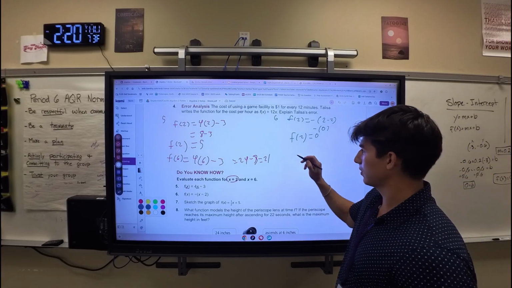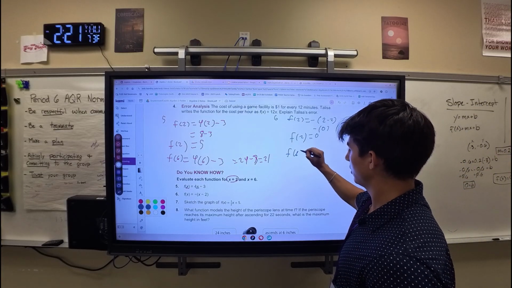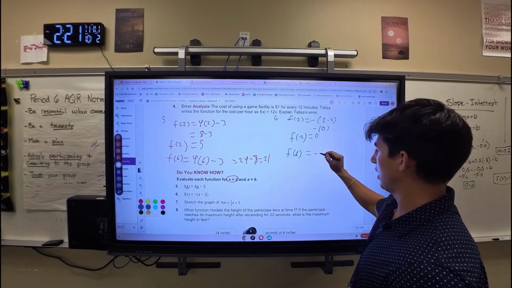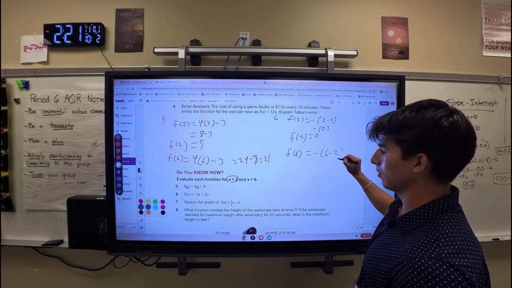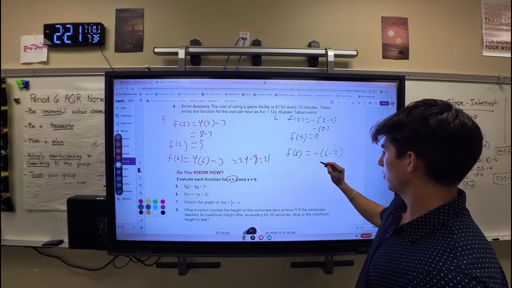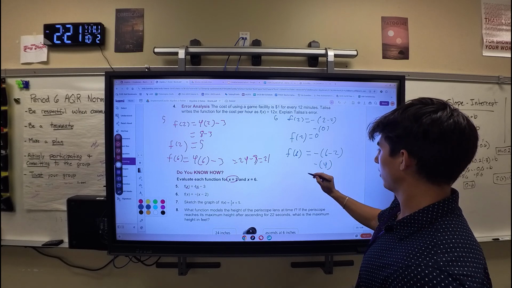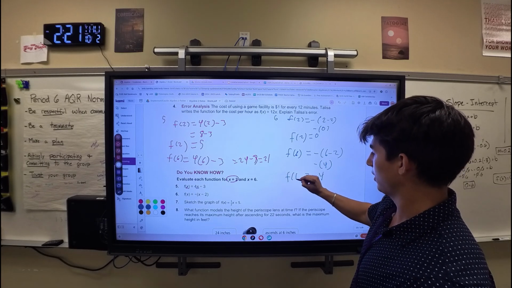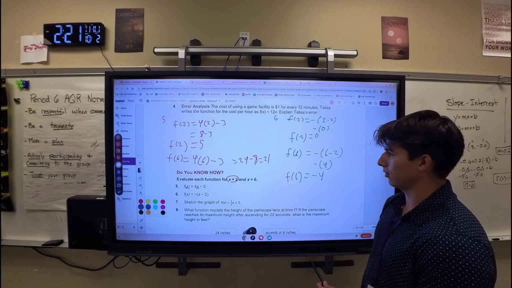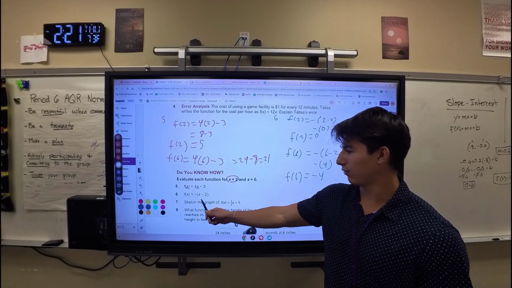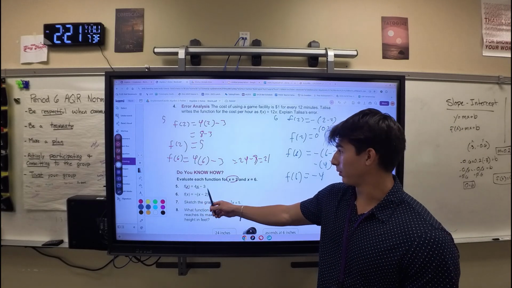And then f of 6, it's the same process as it has been, negative 6 minus 2. So we're going to have negative in parentheses 4, which is negative 4, equals f of 6. That's all we had to do. We're just subbing in our values for x's, and then we're simplifying.